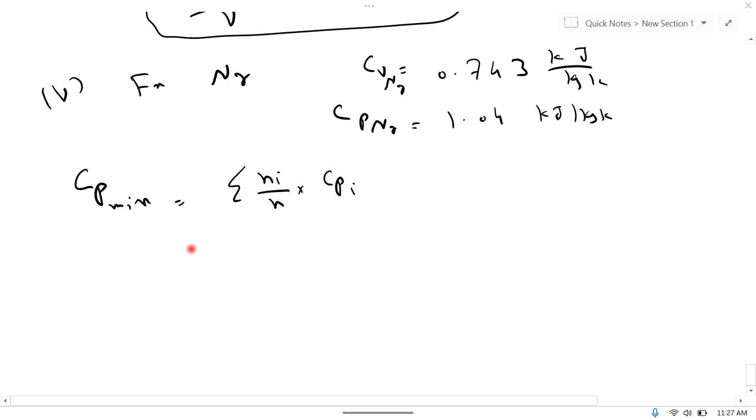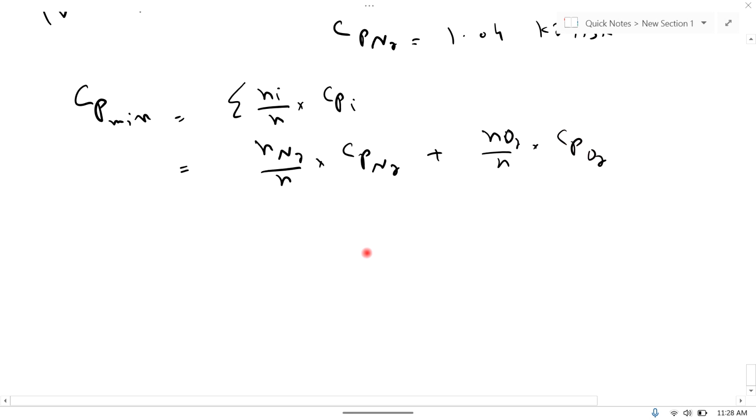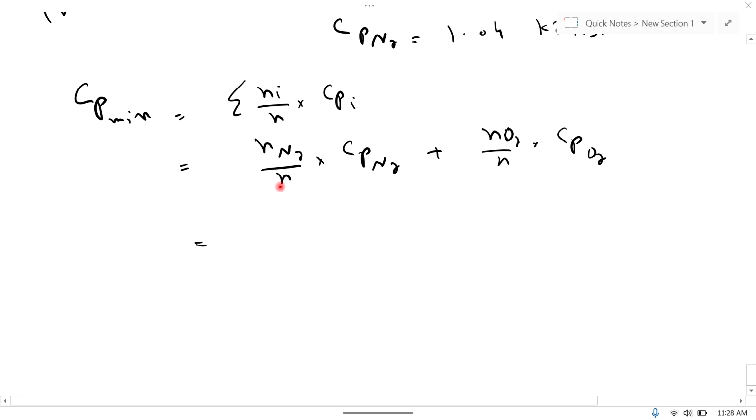So this is the summation: the mole fraction of nitrogen multiplied by Cp of nitrogen, plus the mole fraction of oxygen multiplied by Cp of oxygen. Mole fraction and volume fraction are the same.